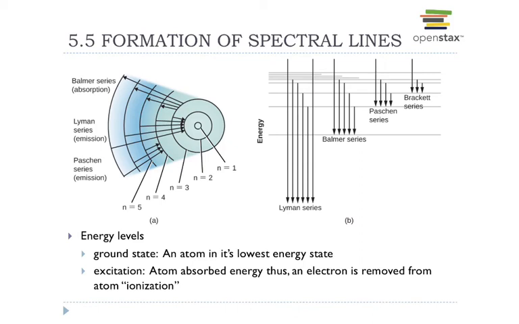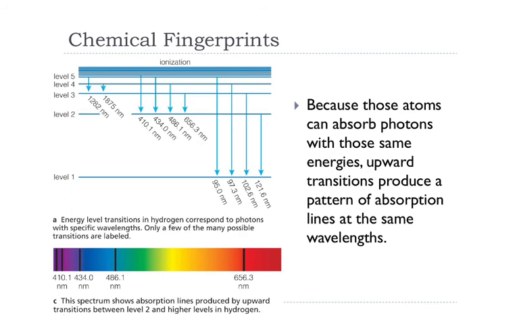So similarly, when these electrons get ionized, there's only certain levels that they could jump. So they might be able to jump to a first level, a second level, a third level. And so these levels are associated with different wavelengths.